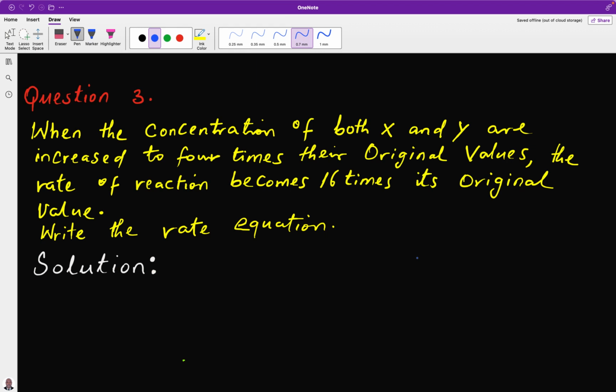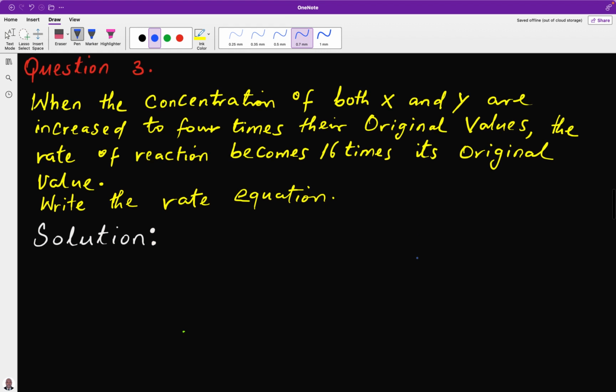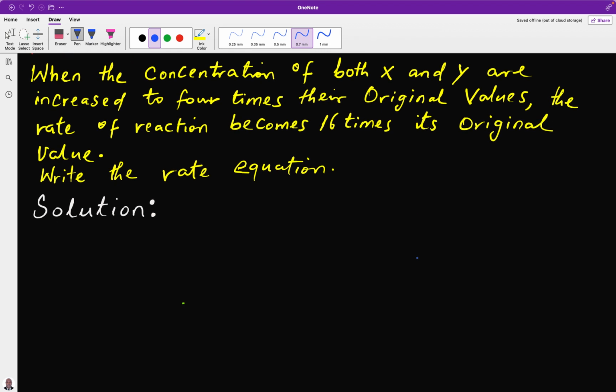Write the rate equation. The same thing. Step 1, the first step is you need to write the rate equation.